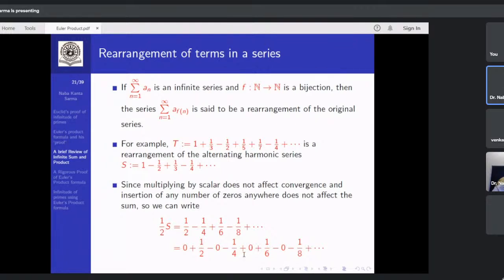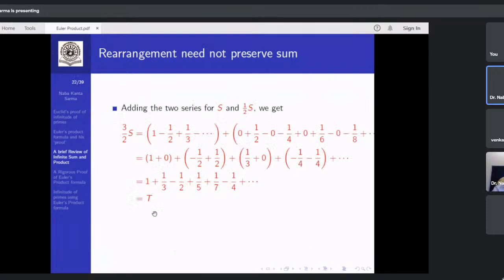Then what will we do? We will add the series S with the series half S. This is perfectly allowed because you have seen the result that the sum of two convergent series is convergent, and their sum is the sum of the two original series. So using that result, since these two series are convergent, we can add them. If we add them, what do we get?